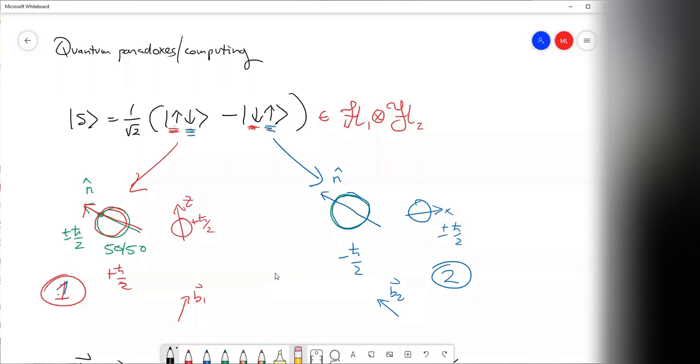But what quantum mechanics tells you is you can't consider those two things simultaneously. They're not compatible measurements. So the spin just doesn't have as an aspect of its reality the value of the measurement in both the Z direction and the X direction. They're just fundamentally incompatible.